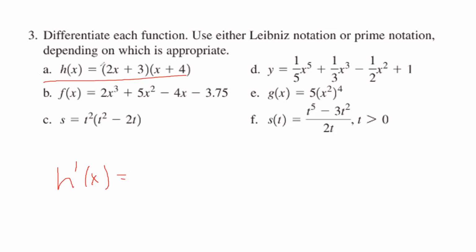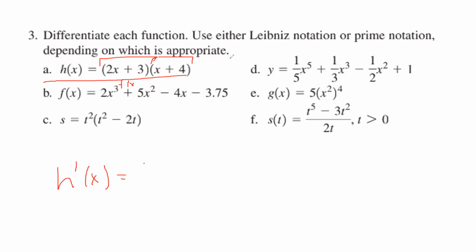So for A, you're gonna write h prime x equals the first one. The simplest way is just open the brackets, okay? The harder way is to treat it as a product of two functions, f of x and g of x. We also have a chain rule, remember?